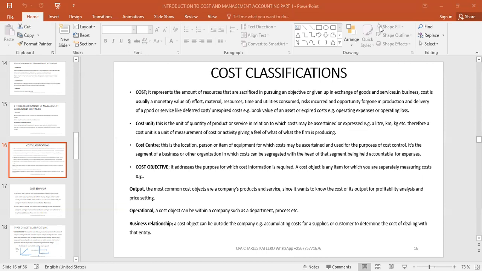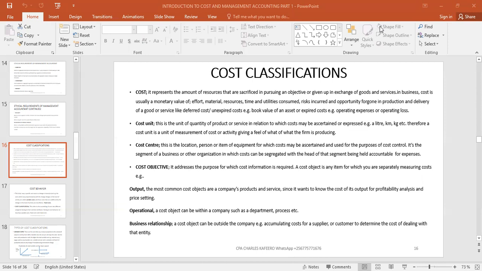It's a physical item, a single product to which costs are ascertained, so that you can find out how much we are going to be spending in terms of raw materials, labor, and other expenses to produce that particular item.